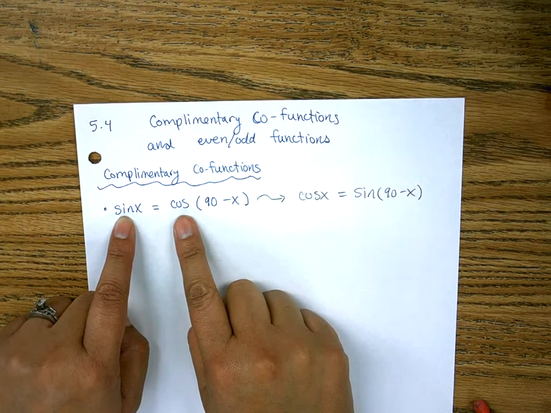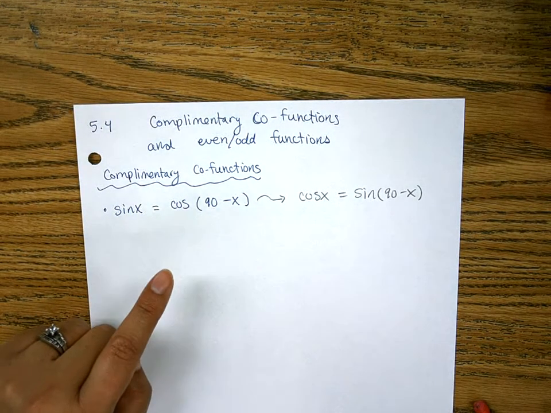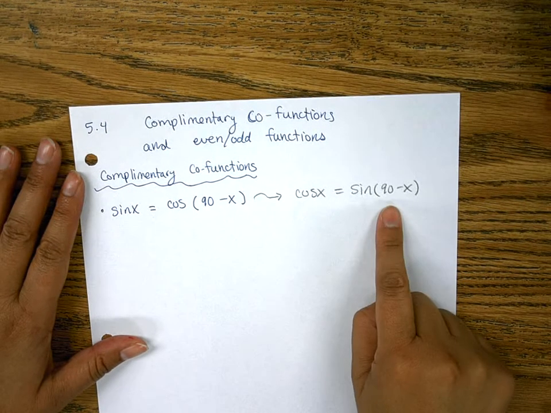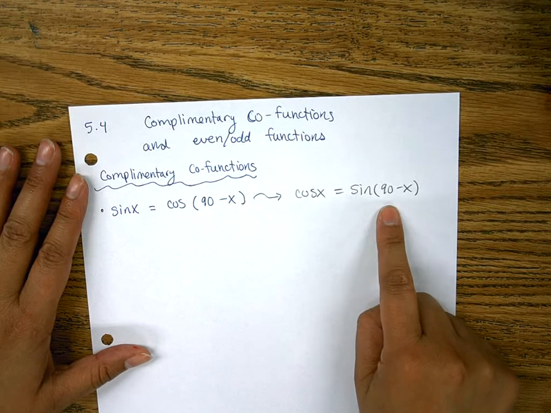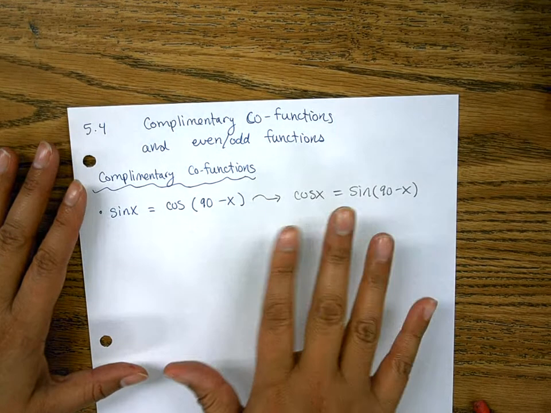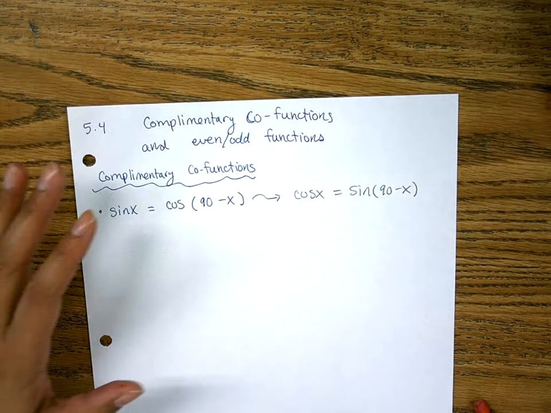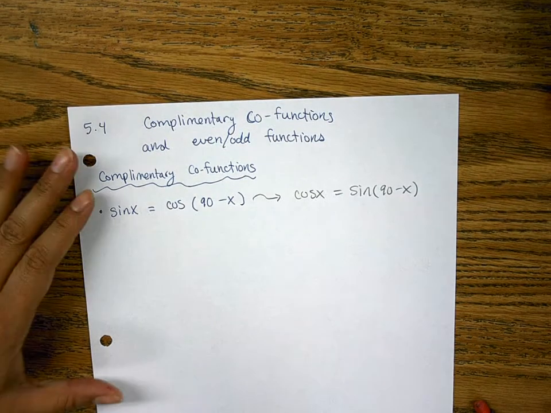You may not have realized that before, but cosine, that co in front is because it's sine's cofunction. Sine, cosine. Cosine of x equals sine of 90 minus x. Got it? And I'll talk more in class. If you're not quite sure how or why this is working, I will explain more in class, drawing pictures and working with special right triangles.